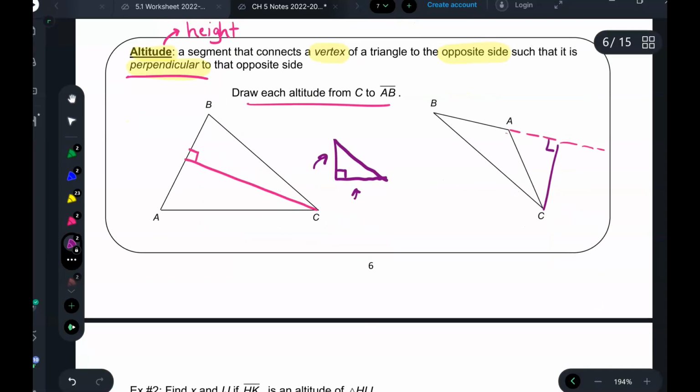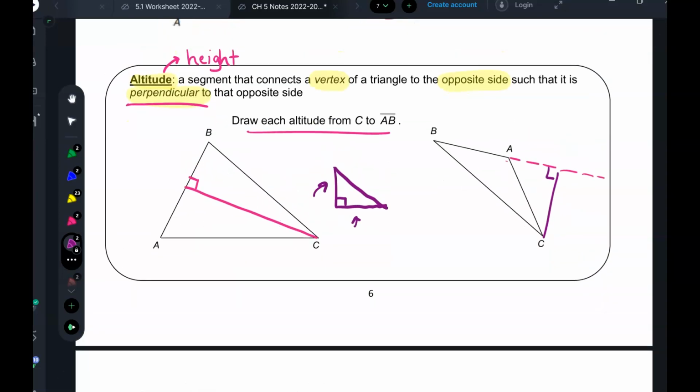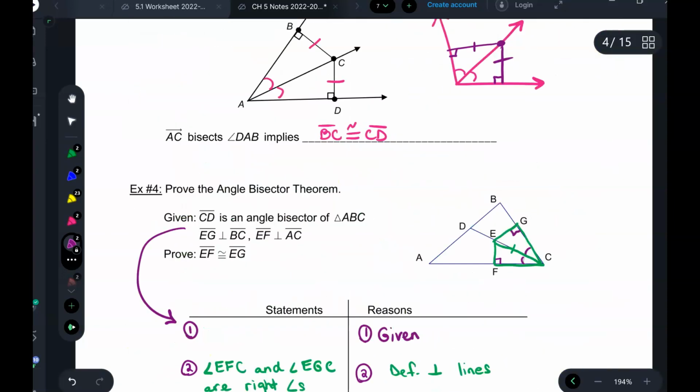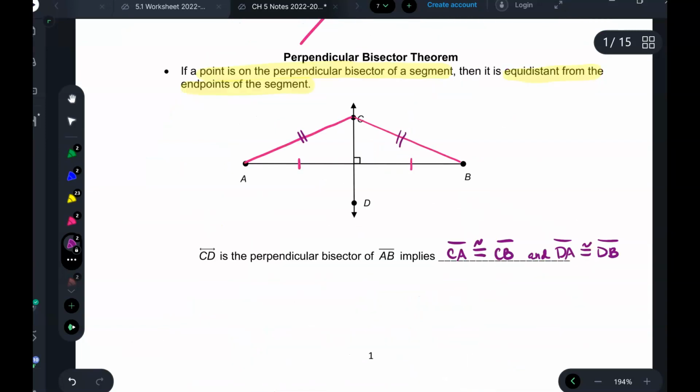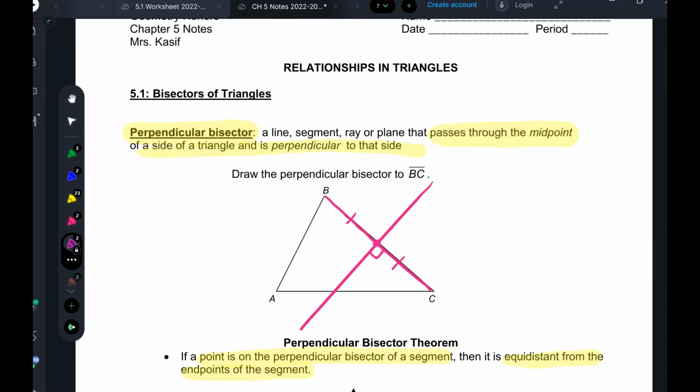Okay. What's the difference between the altitude and the perpendicular bisector? The perpendicular bisector looks like this. They both make a right angle, but does this one start from the vertex?